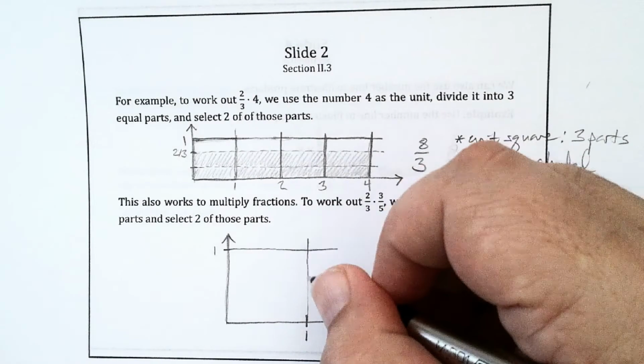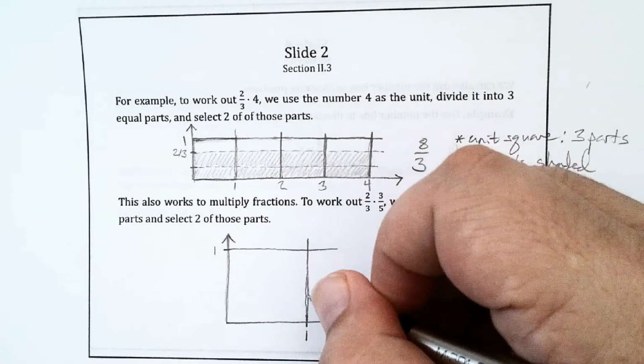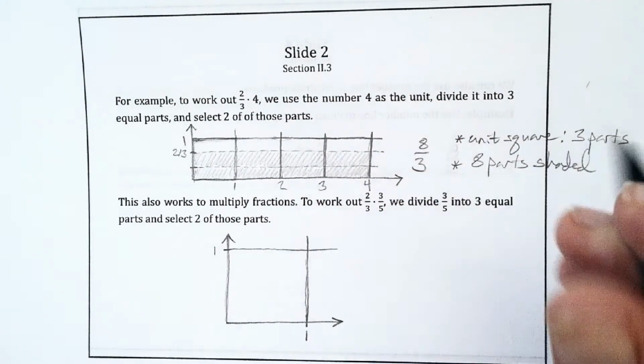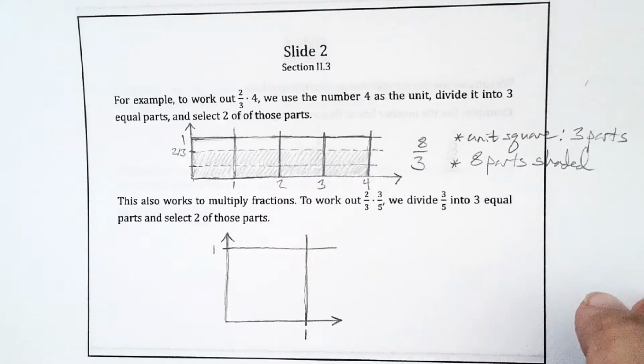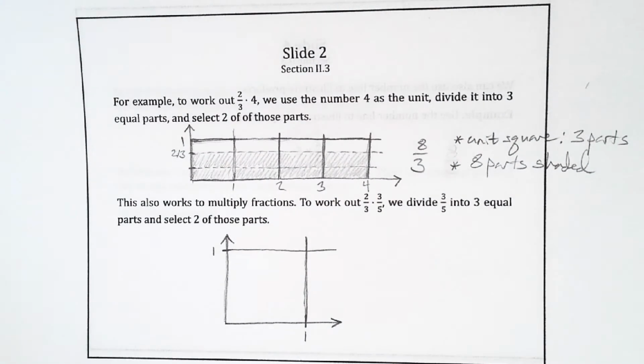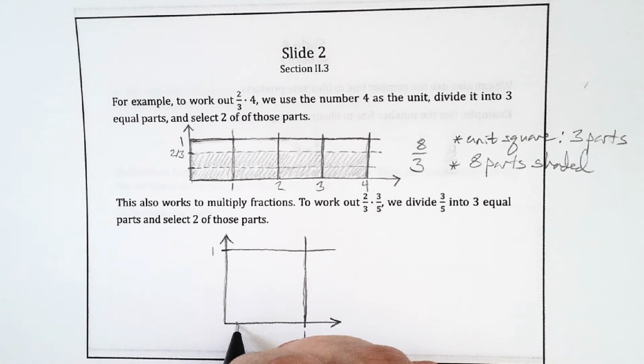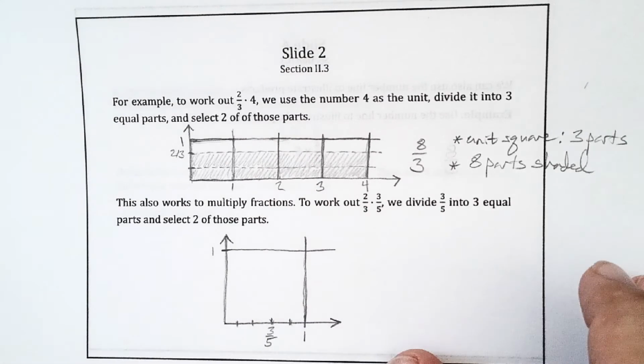So you imagine working on a unit grid paper, like in algebra class. And let's see, 3/5. To draw that, I need to mark this horizontal axis out into fifths, 5 equal parts. There's 3/5.